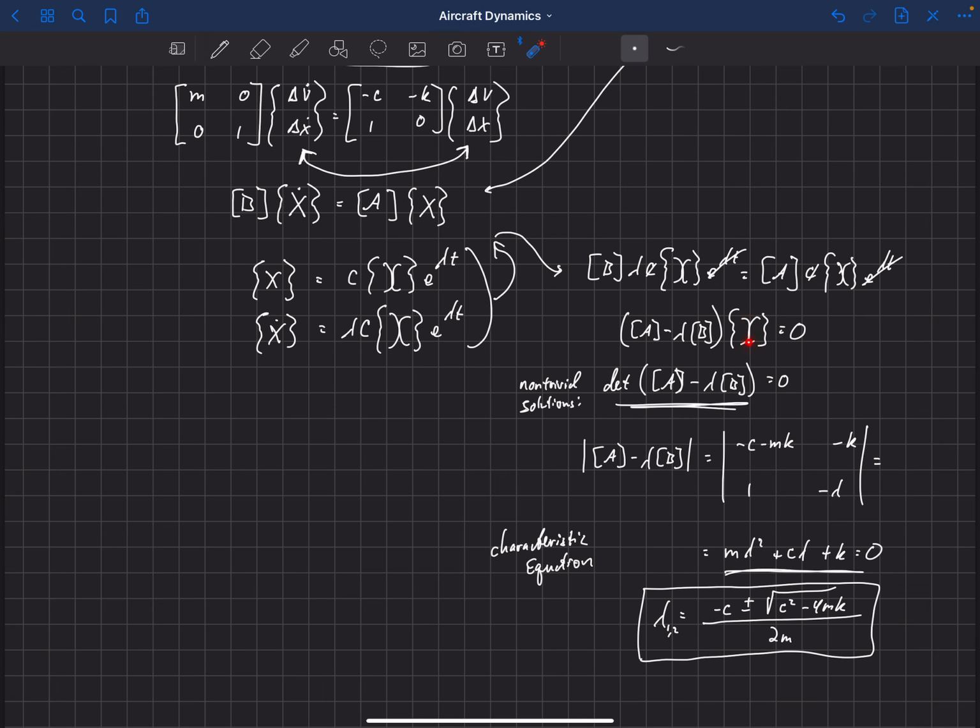But because they're only unique to within a constant, the way we usually write these eigenvectors out is we normalize them so that the length of this vector is equal to 1, and then we multiply it by a constant so that the largest component within that vector is real, okay?